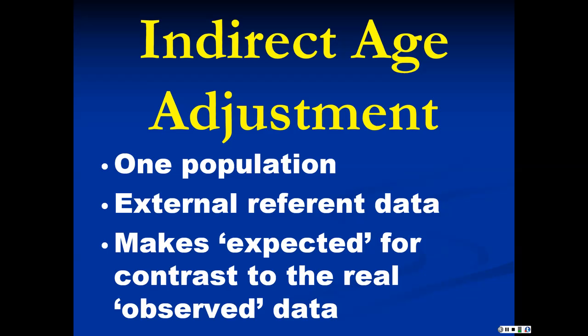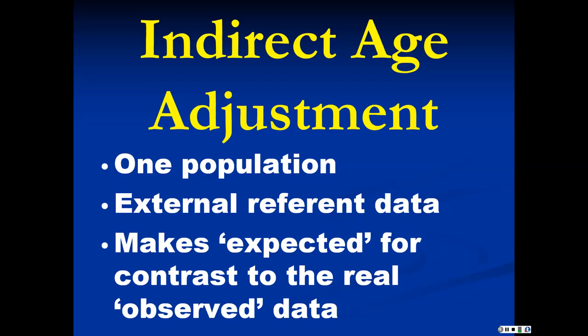How many cancer cases would we expect to see in our community or in our workplace if the national or statewide cancer incidence rates were holding true for our population, considering the age, sex, and race structure of our local population?